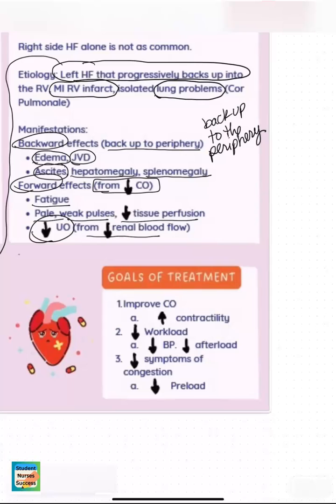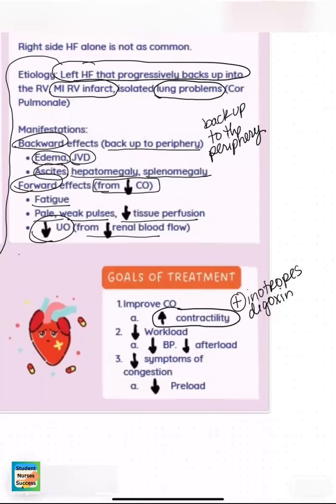So our goals are, one, to improve cardiac output, and we can do that by increasing contractility of the heart. In order to increase contractility of the heart, we may use drugs that are considered positive inotropes. These are things like digoxin. We're trying to make the heart contract stronger to pump more blood.